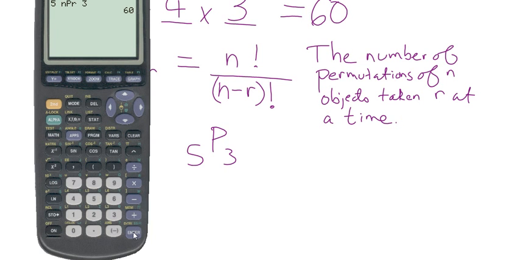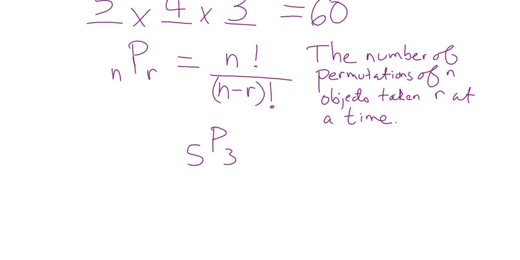All right, so while we're at it, so what's nPn? Well, we got the formula, right? The formula is n factorial over n minus r factorial. In this case, r is equal to n, right? In other words, we're going to arrange all the objects. So what's like 5P5? Well, we know what 5P5 is, right?